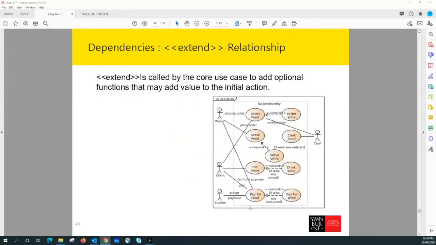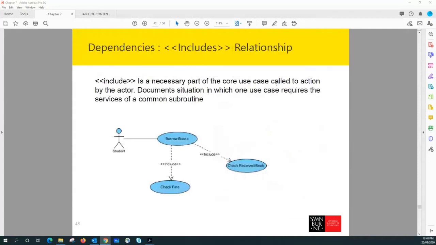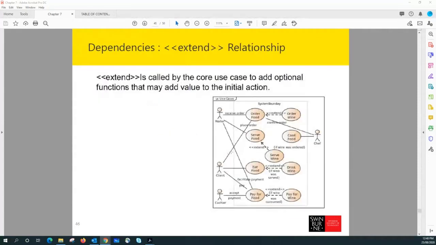And then we have the extend relationship, right? What do you mean by the extend relationship? If I want some optional functions to be added to an existing use case, I can use the extend relationship. So it's actually the opposite of the include relationship, right? So in this scenario, a client is ordering some food, right?